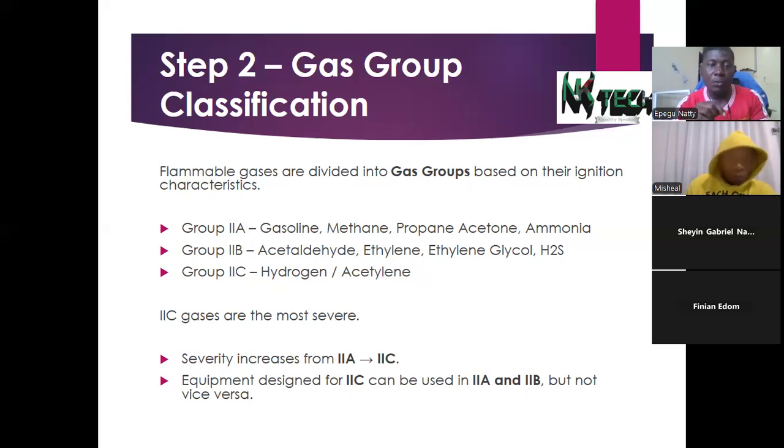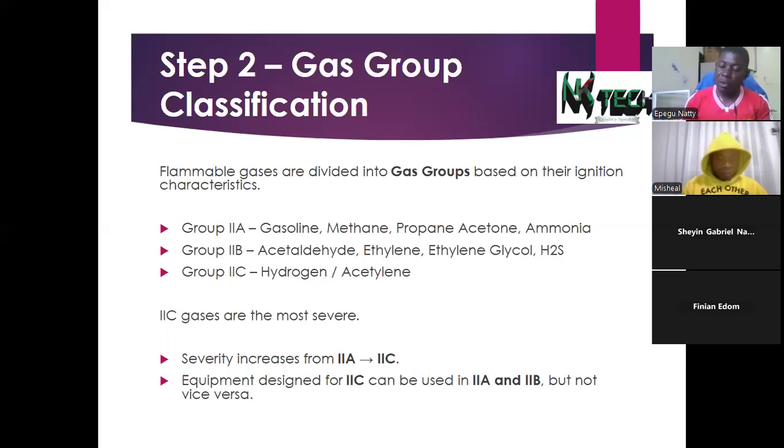IIB is for acetaldehyde, ethylene, ethylene glycol, or H2S. And then group IIC is for hydrogen and acetylene. IIC are the most severe gases. So if you want to place equipment that is handling hydrogen, you have to look for equipment that has this IIC tag. The severity increases from IIA to IIC.